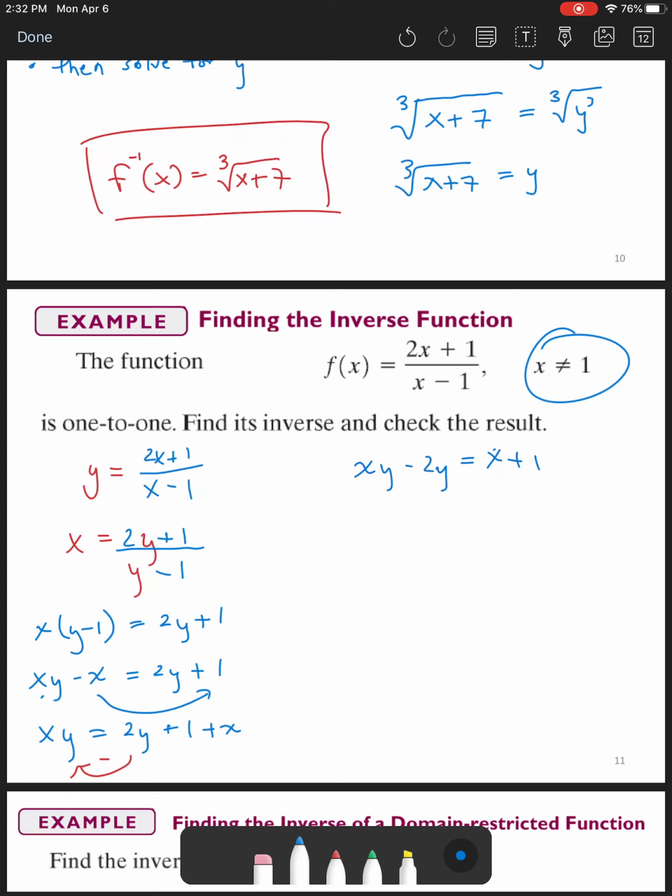Now check this out. Going back into your early algebra skills, learning how to factor. These two have a y in common.